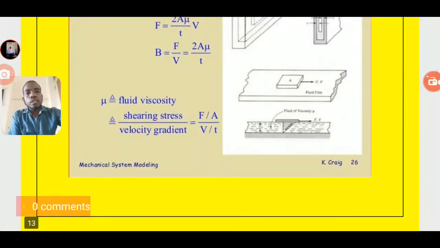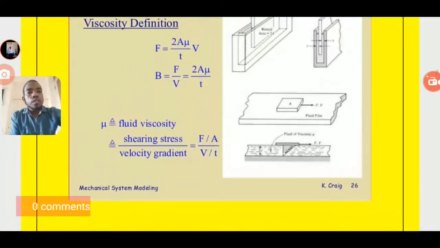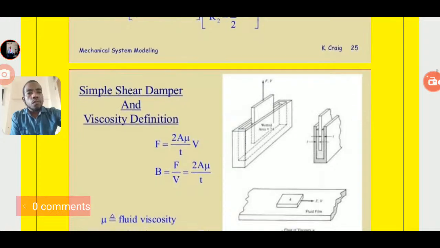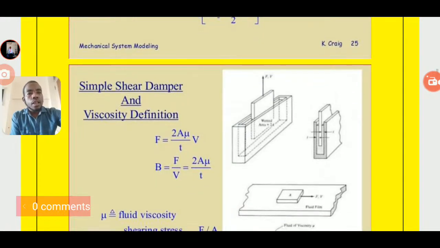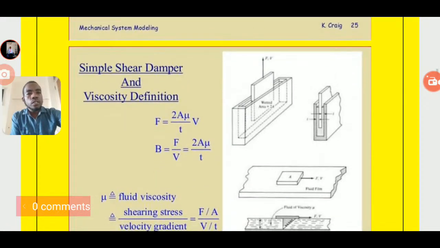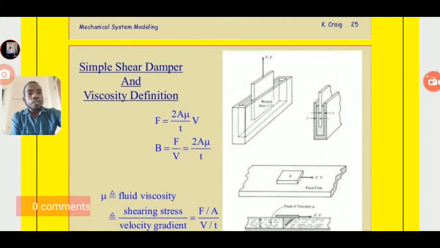So mu is nothing but the fluid viscosity, and it is the shearing stress over the velocity gradient, which is equal to F by A over V by t. So this is the example for the shear damper, or viscosity definition, or a simple shear damper.